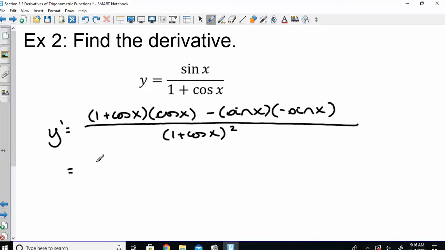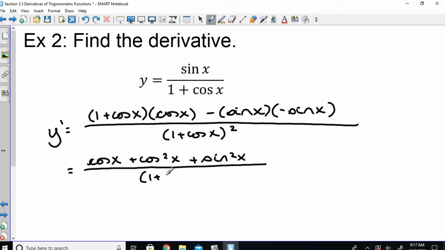We start working this out. We distribute. We get cosine x plus cosine squared x minus negative, so plus sine squared x. Make sure you're not forgetting your denominators on these quotients.